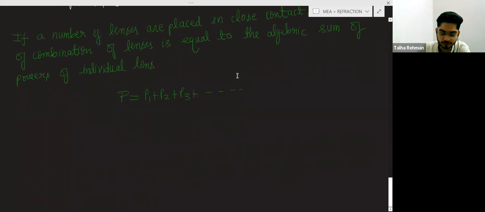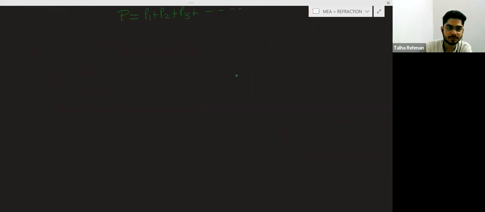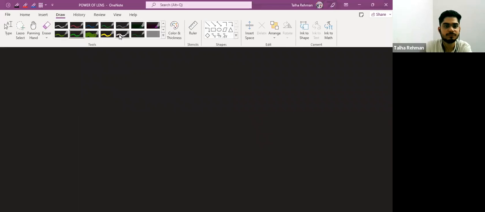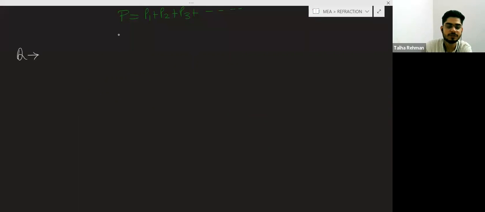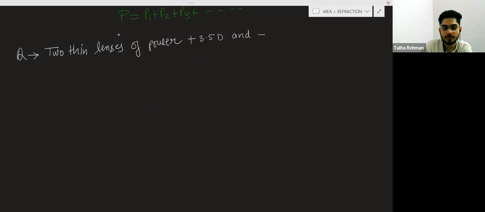Okay, fine. Now we will solve one question, and this chapter will be finished. Very easy question. Two thin lenses of power plus 3.5 diopter and minus 2.5 diopter are placed in contact.